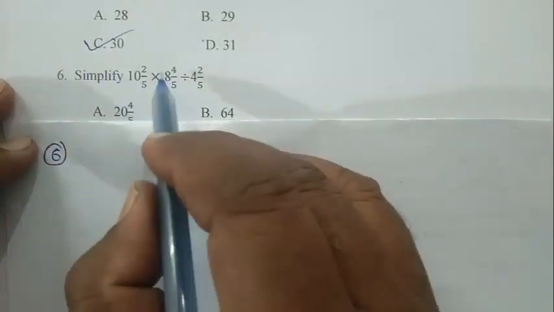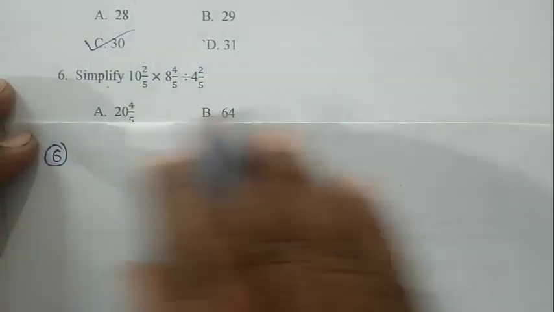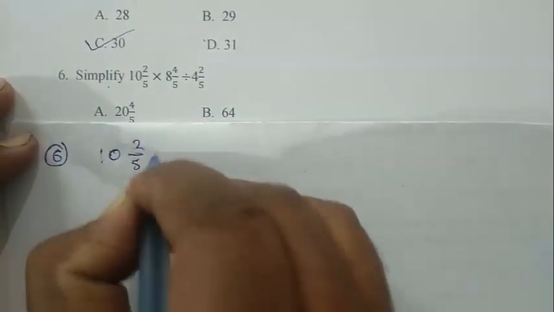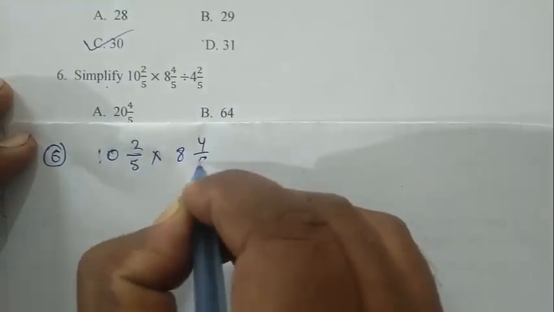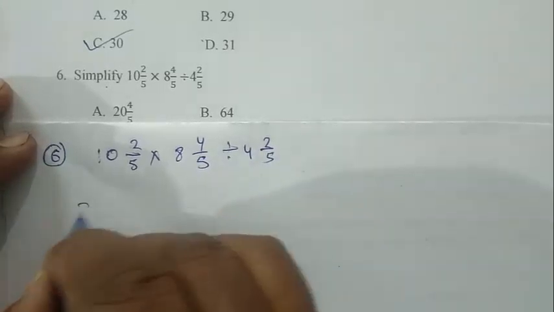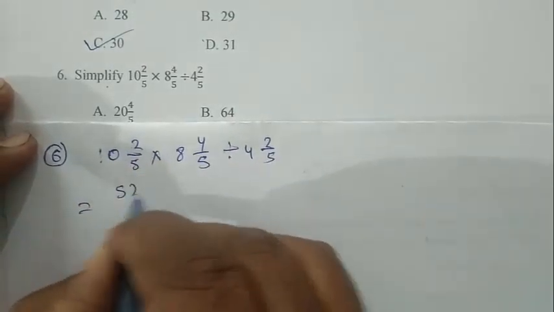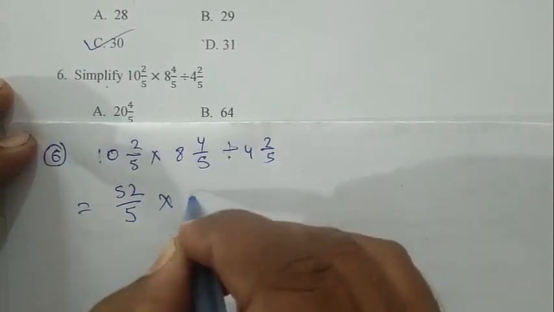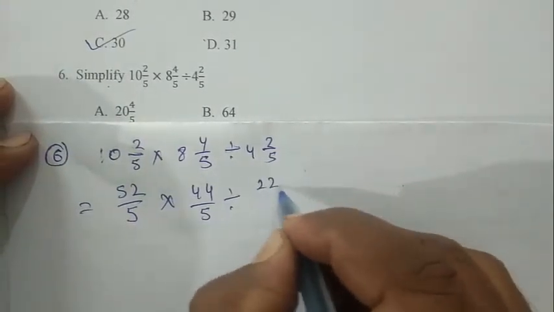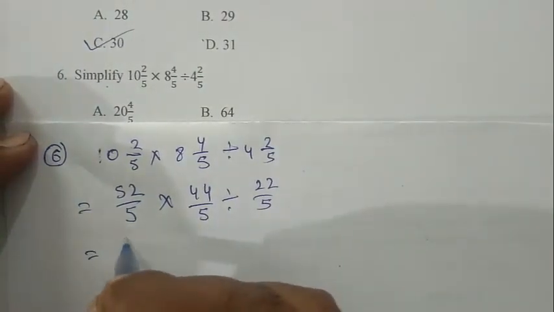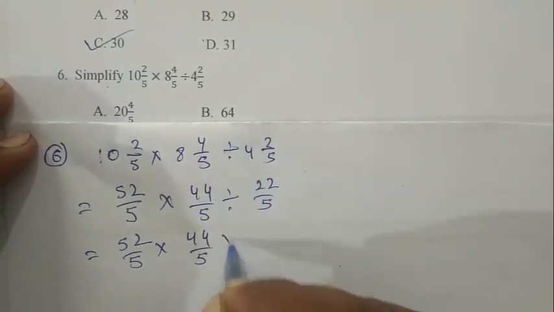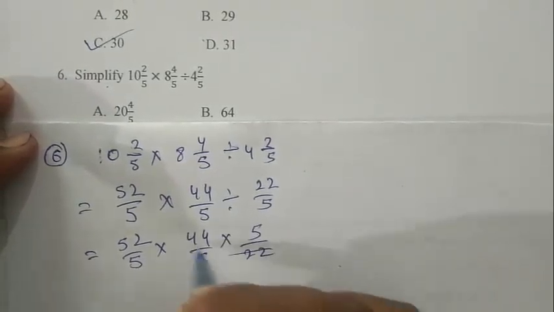Question number 6. Simplify. So we write it 2 by 5 into 8 whole 4 by 5 divided by 4 2 by 5. 52 by 5 into 44 by 5 divided by 22 by 5, 52 by 5 into 44 by 5 into 5 by 22.